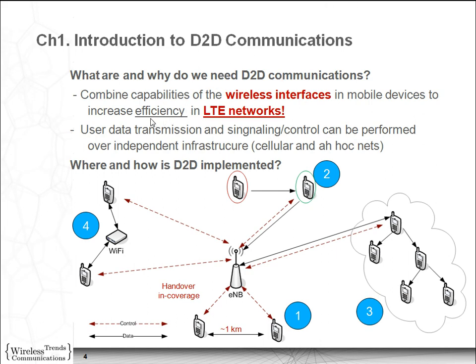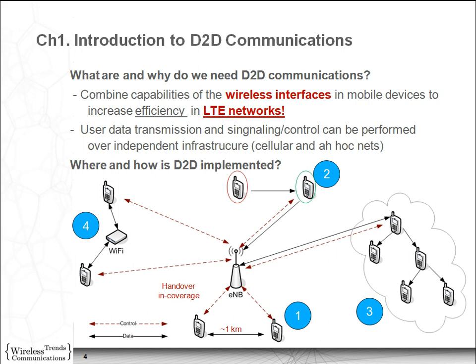We can say that this is designed to improve the efficiency of the network, because if we have these devices in proximity, they can improve their data rates, or the power consumption can be reduced, and of course things like latency and the load handled by the eNodeB or by the base station in the LTE network can be actually reduced.